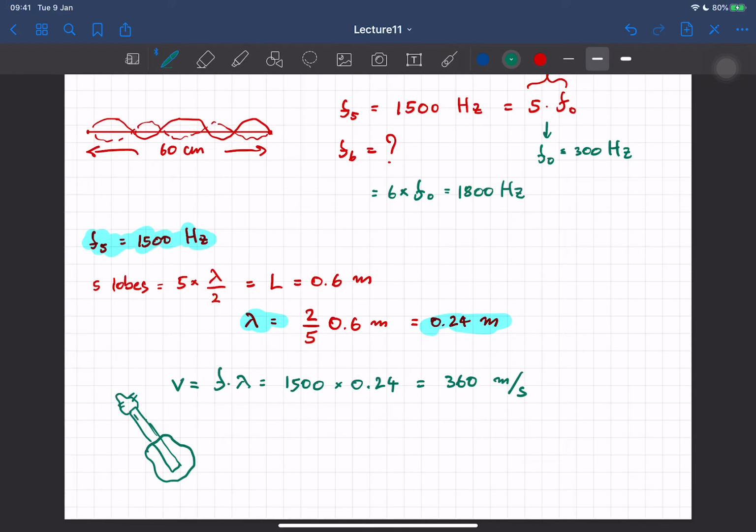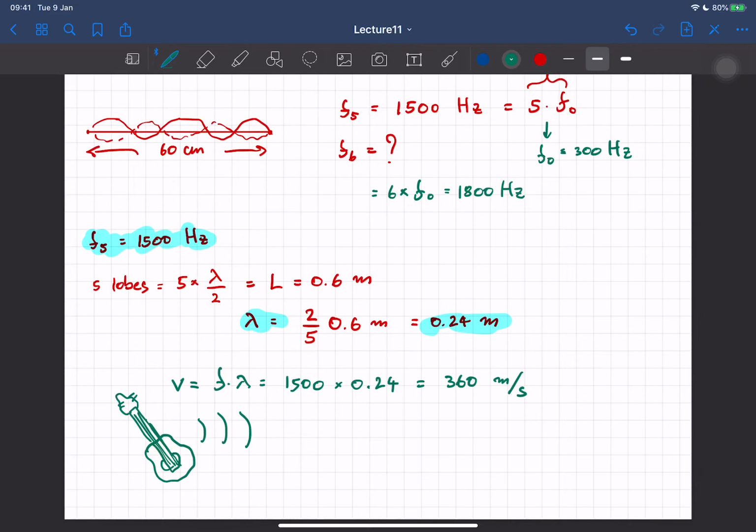Something like this, a guitar string, right? When you hear the sound from a guitar, there's a wave in the string itself, which has nothing to do with the sound wave in air, because it's the wave in the string. It's going to have that wave even if you don't have a sound wave produced.